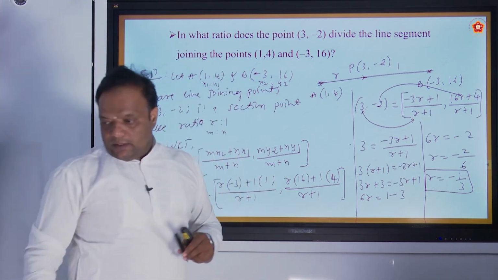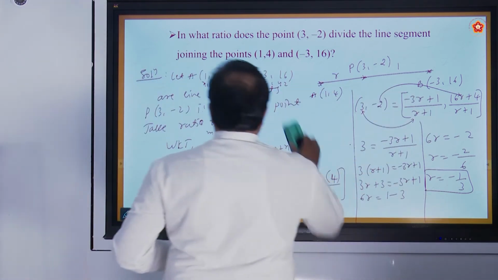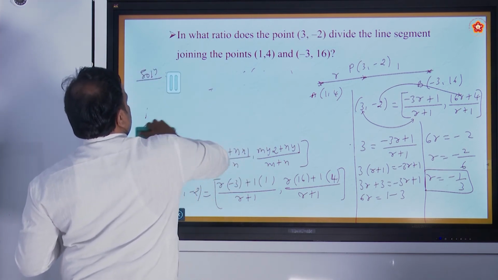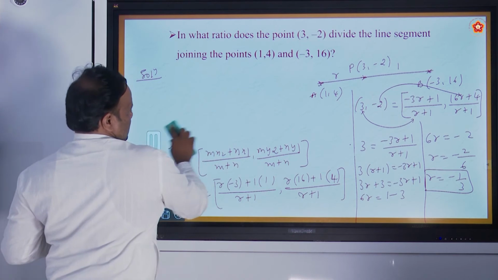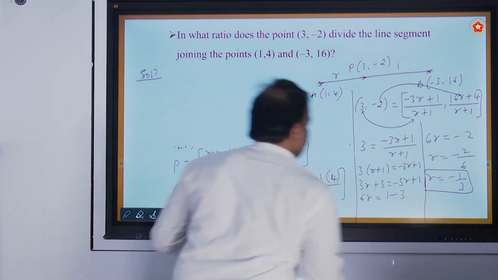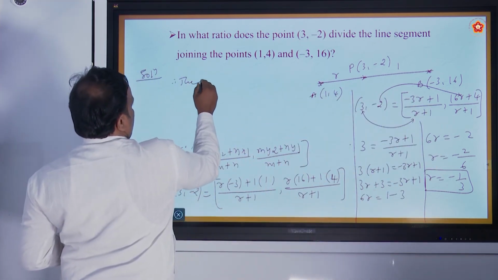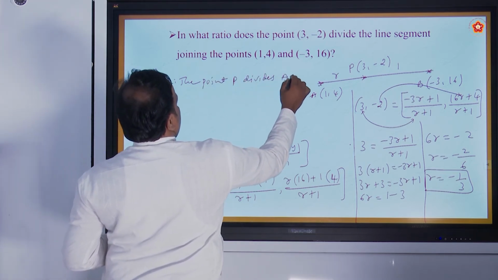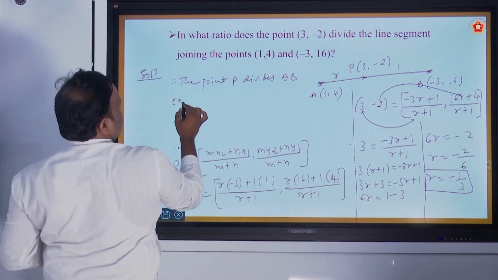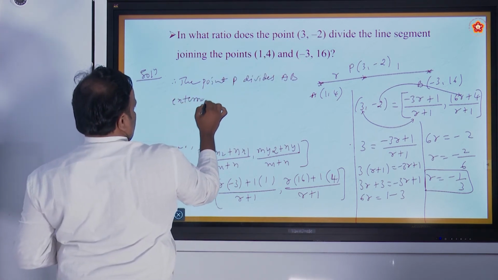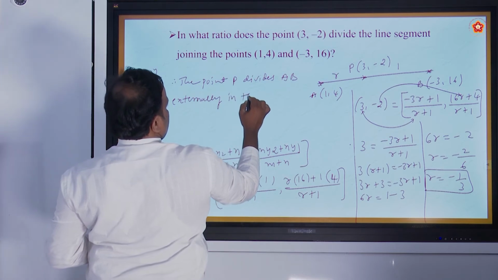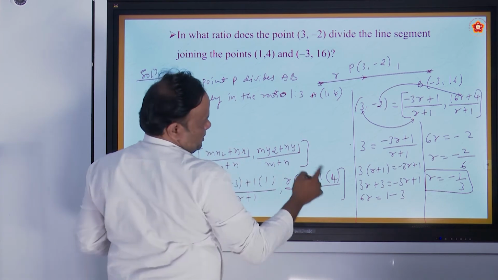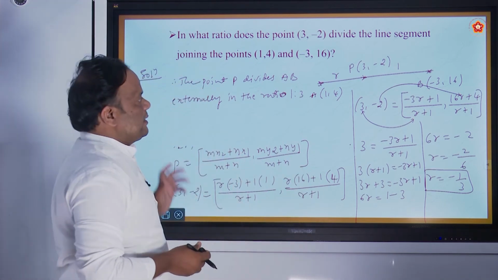Therefore, the point P divides AB externally in the ratio 1:3. Correct? 1 by 3 is nothing but 1:3. This is m equal to 1 and n equal to 3.